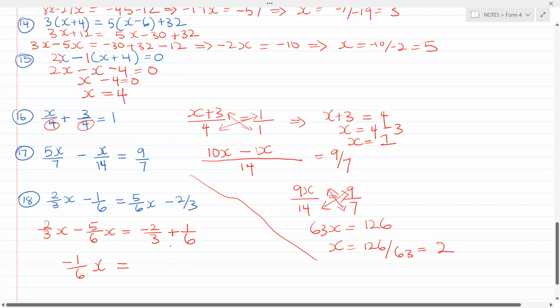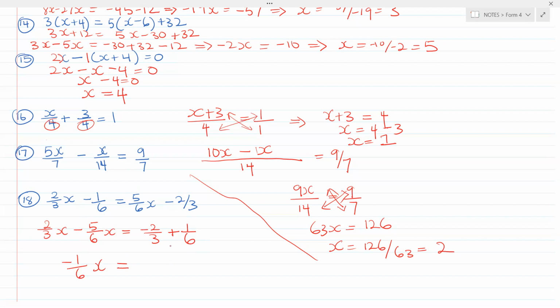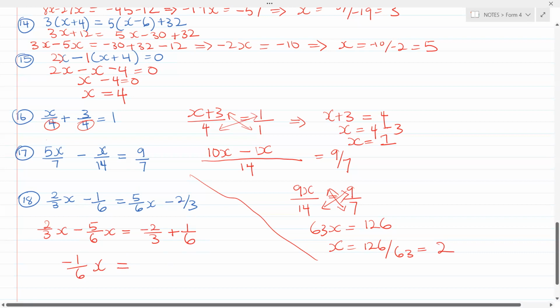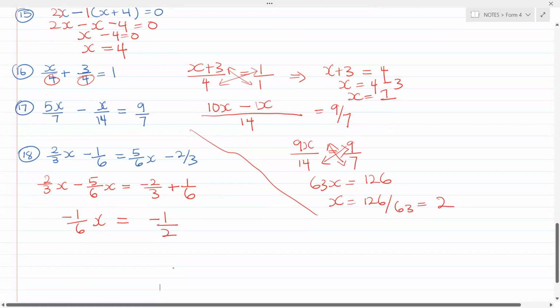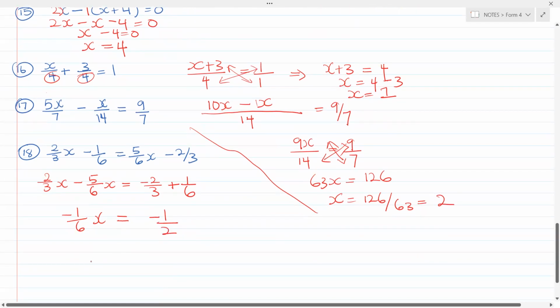Go back to my calculator, open brackets, negative 2 fraction sign 3, add open brackets 1 fraction sign 6. Please use your calculators, it will save you a lot of time, right? And we have that. Now we know x is equal to, we have to send negative 1/6 to divide, even though it looks complicated, it is not.